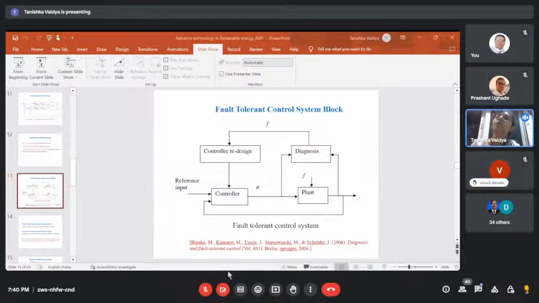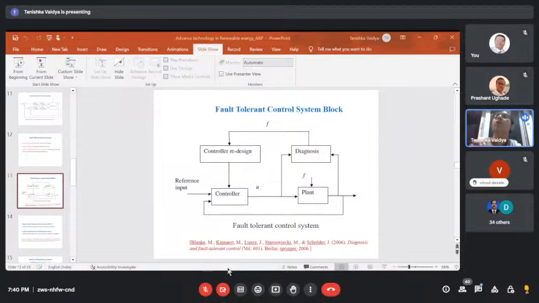And one more advanced method is that the controller estimates the parameter of that sensor. If that sensor fails, from different other conditions the control system estimates that particular parameter.